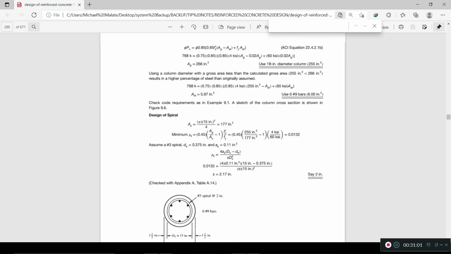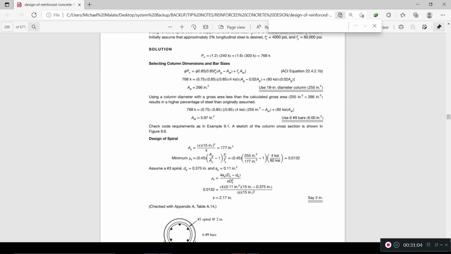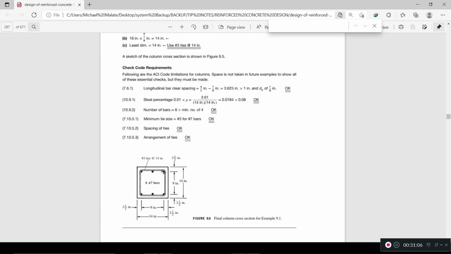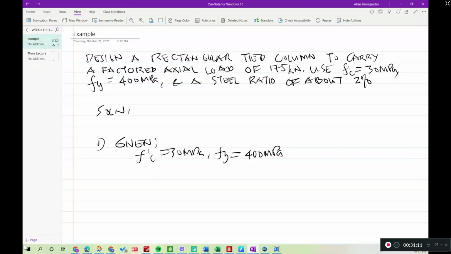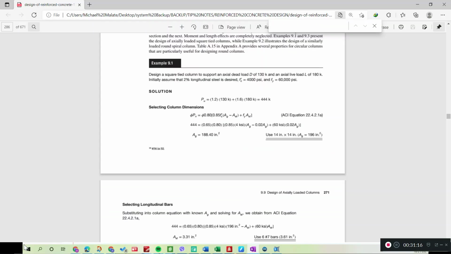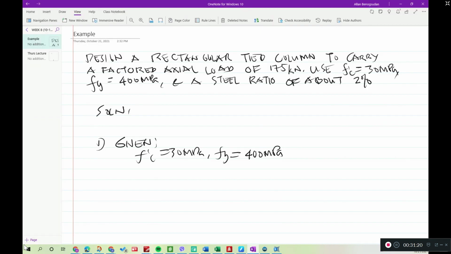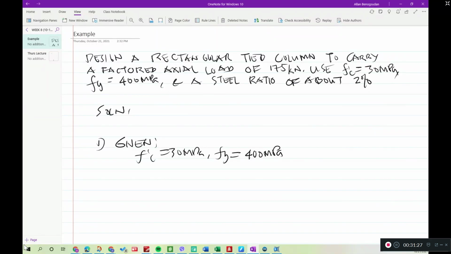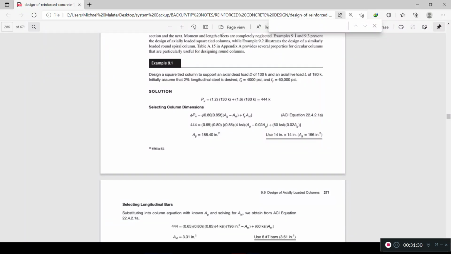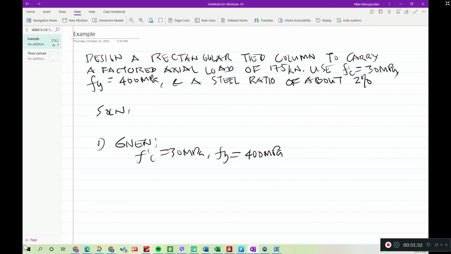What else did I say? Design a rectangular tied column. There's another one: 2% and fy. Then this one is given.